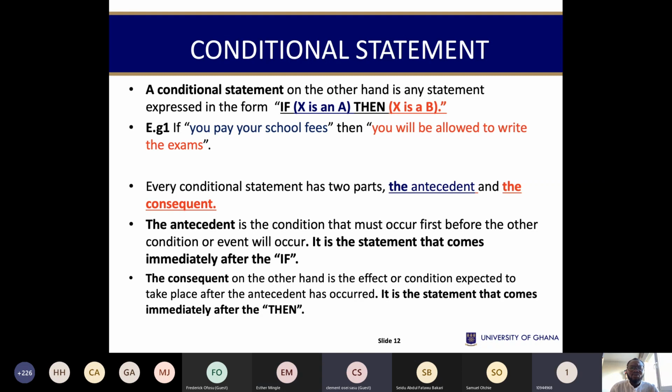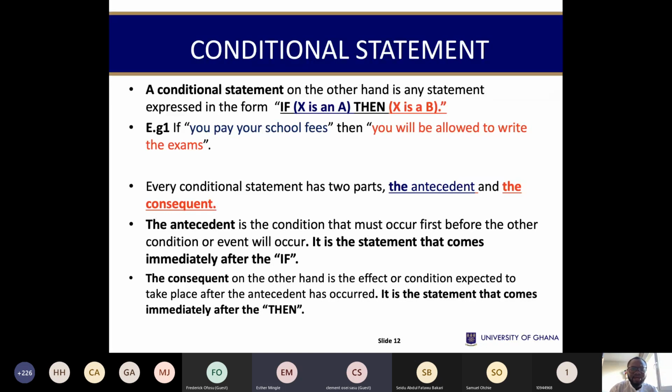From our own experiences, if somebody says that I have given you a condition, it means that the person is telling you that you must accomplish something, then something will follow. So, for instance, if you tell your child, Kwesi, do your homework.